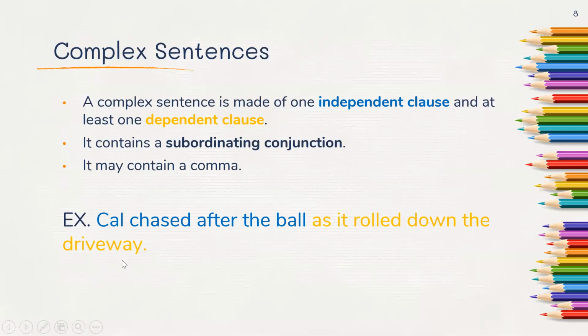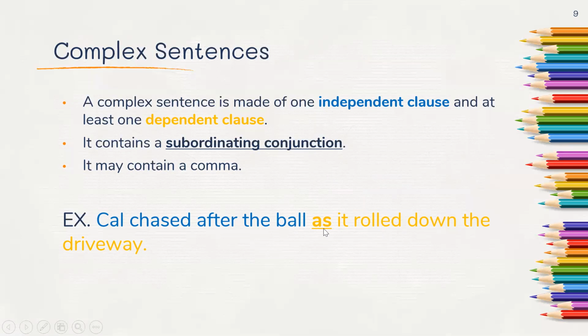This is the dependent clause, because as it rolled down the driveway is not a complete thought. We still have the subject, it, referring to the ball. And what did it do? It rolled, right? So subject and verb, but it's not a complete thought because of this subordinating conjunction, as.